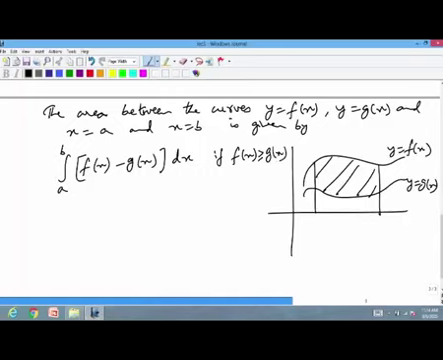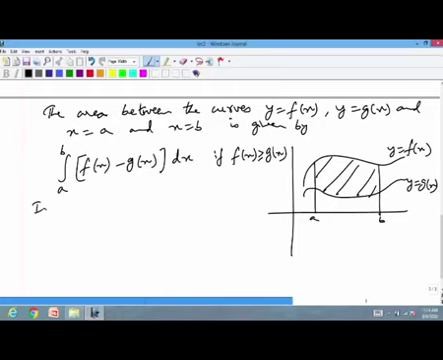This is because the integral of a to b f x dx gives you the area between the curve y equal to f x and x axis from x equal to a to b, and the other one, integral of g x dx from a to b, gives the area under this one. So, the difference gives the area.